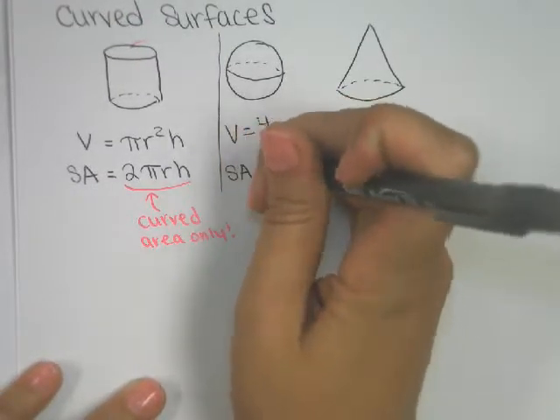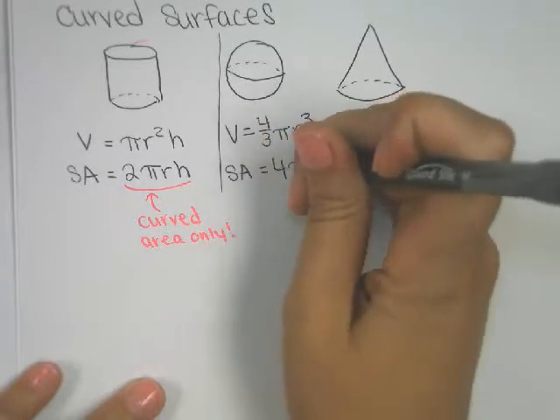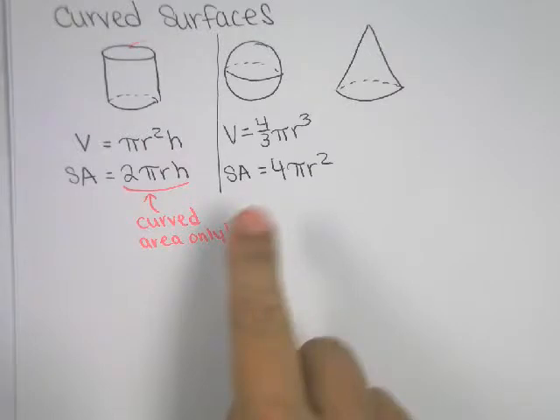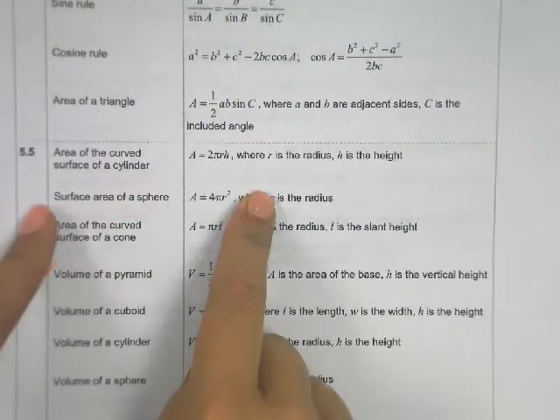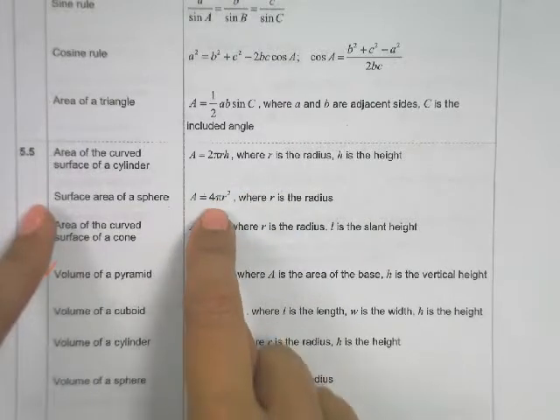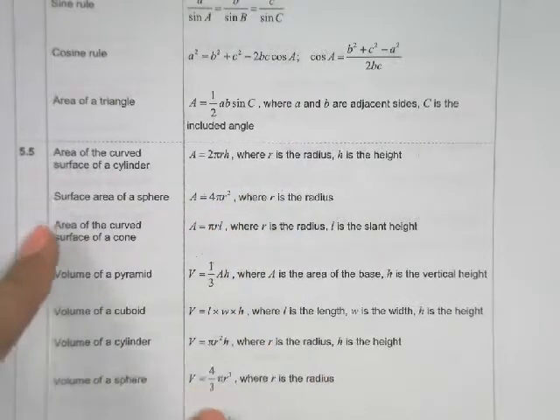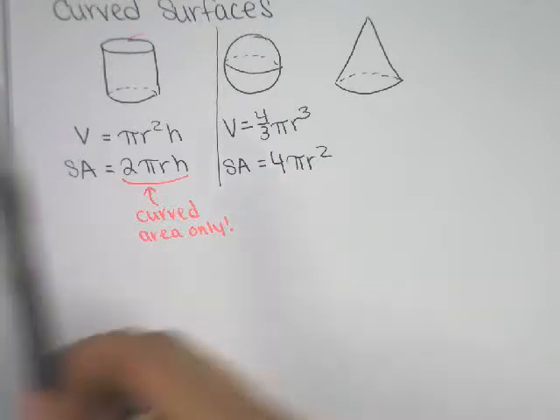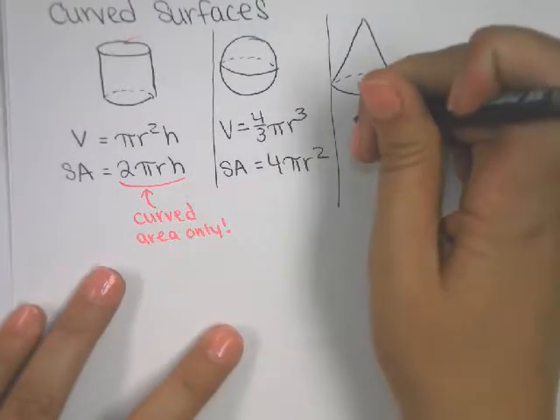And your curved surface area, which your whole sphere is curved, so that does cover everything, is 4 pi r squared. Surface area of a sphere, there it is. Volume of a sphere, okay, so those are both provided. And then for our cone, same thing.